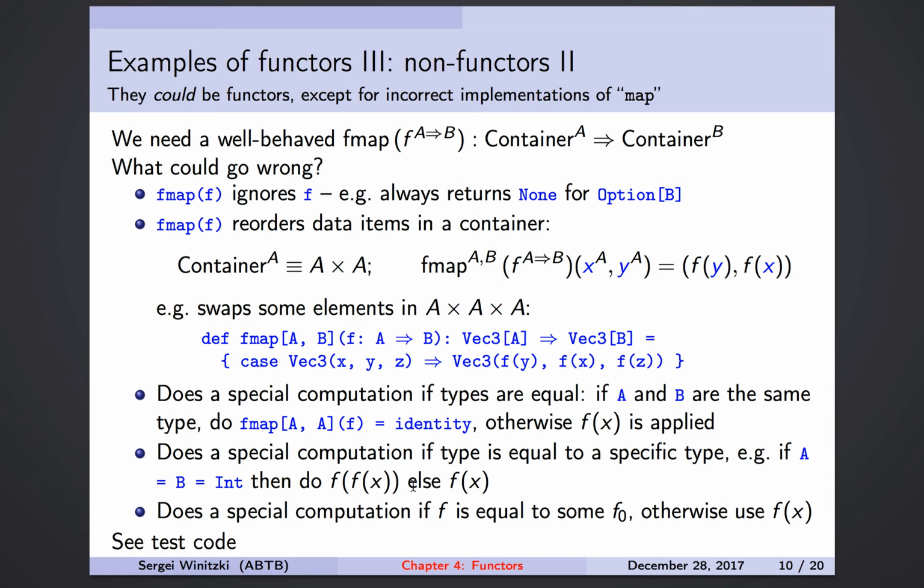Or you could do other special computations in case that the type is equal to some specific type, like integer, then you do something else than in the general case. Or if the function is equal to some specific function, then you do a special thing, and otherwise you do the general case. So none of this would give you an Fmap that's well behaved, that satisfies the laws.